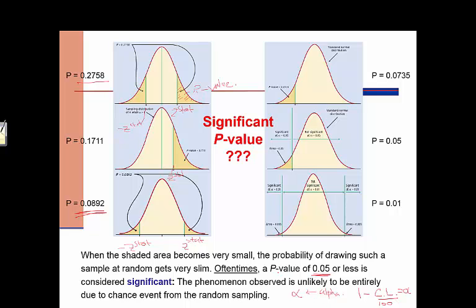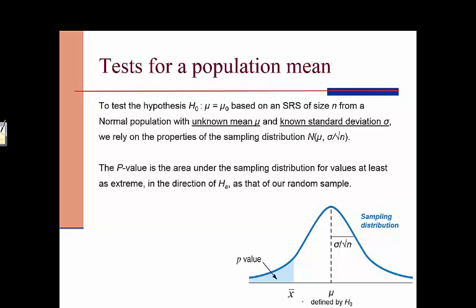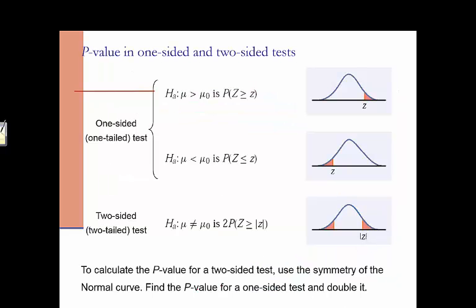Right? So you compare your p-value with alpha to make a conclusion. Okay. So the p-value proves, based on the z-statistic, if you can reject your null hypothesis or fail to reject your null hypothesis.